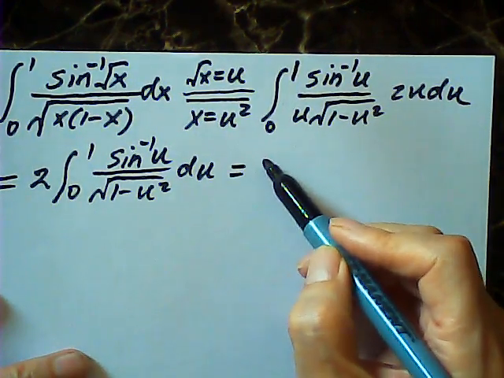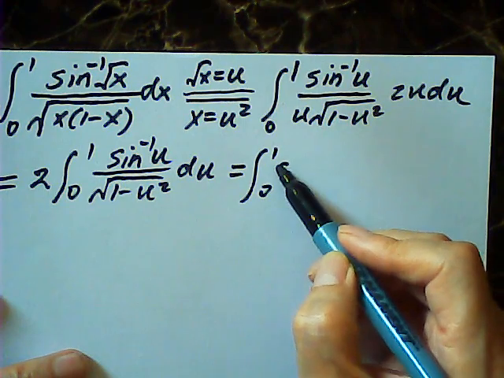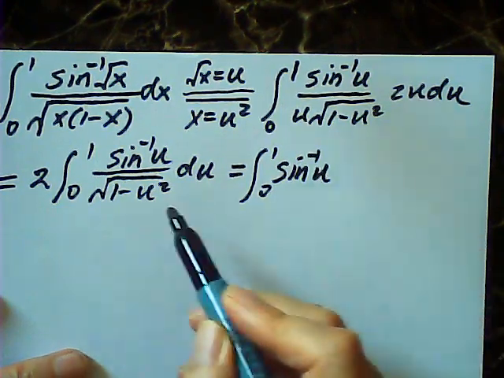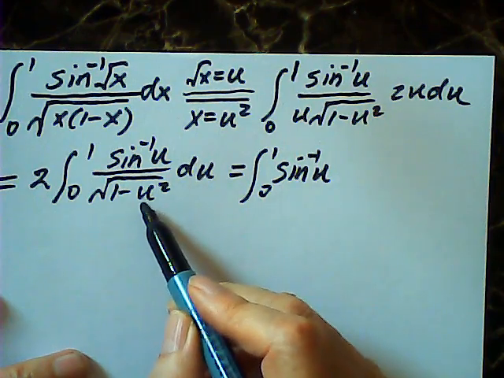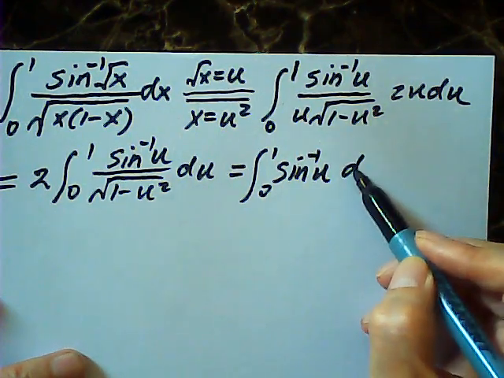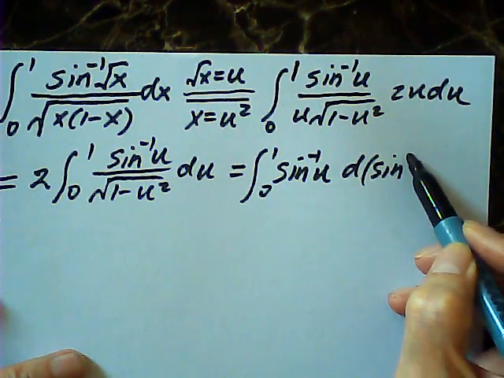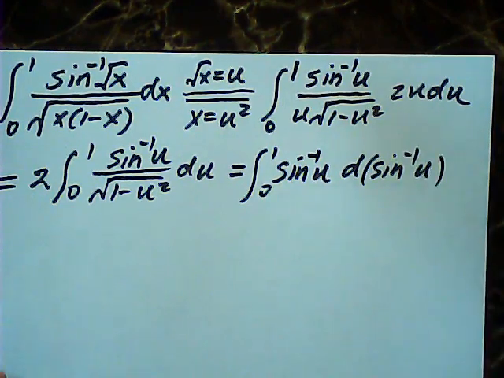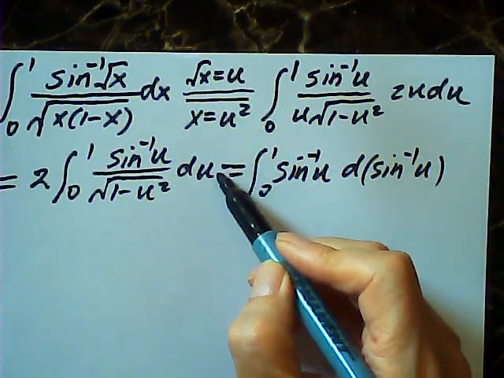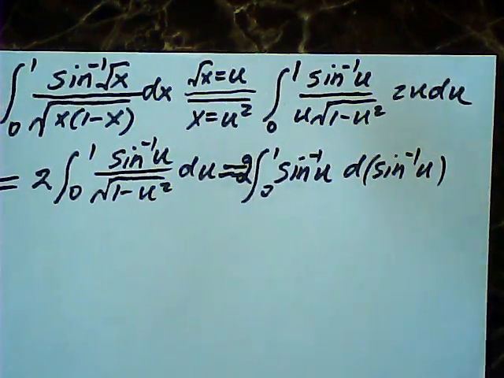Well, this one over square root of 1 minus u squared is the derivative of arcsine u, right? There's a 2 here. Sorry.